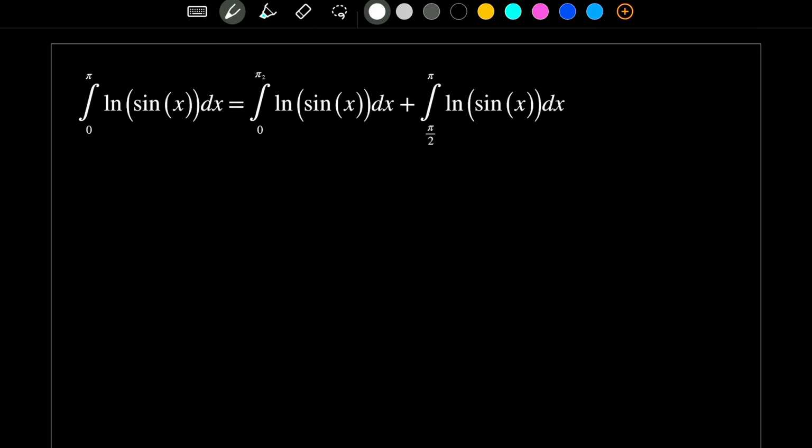So as you can see, all we've done here is split this integral up into two pieces, but it's still the same integral in general.